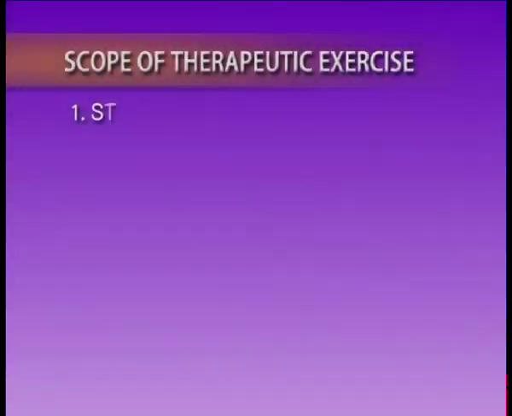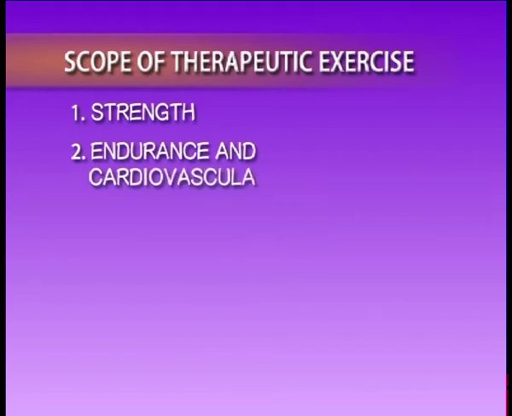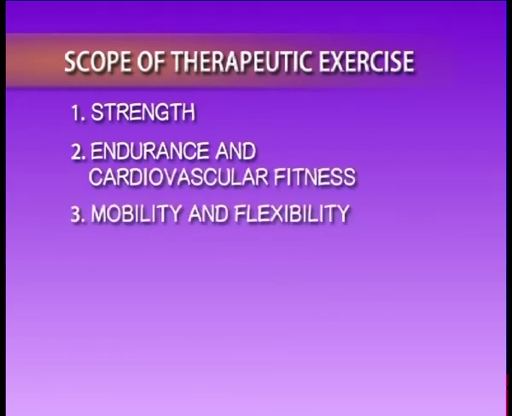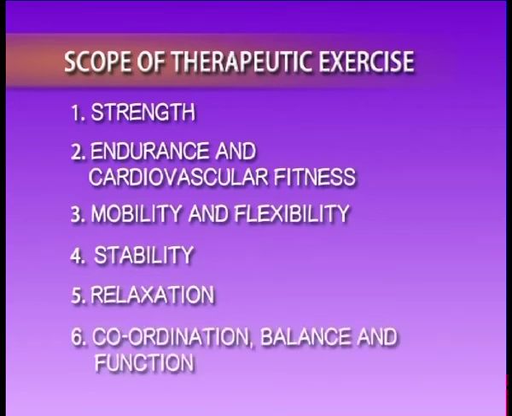The scope of therapeutic exercise includes the prevention of dysfunction as well as the development, improvement, restoration or maintenance of number 1, strength, number 2, endurance and cardiovascular fitness, number 3, mobility and flexibility, number 4, stability, 5, relaxation, 6, coordination, balance and functional skills.